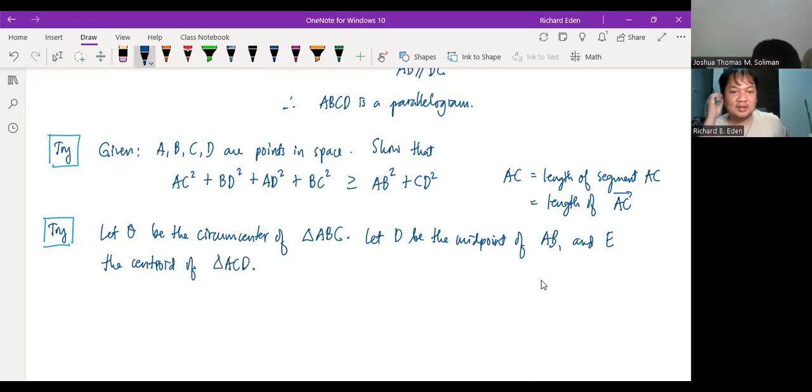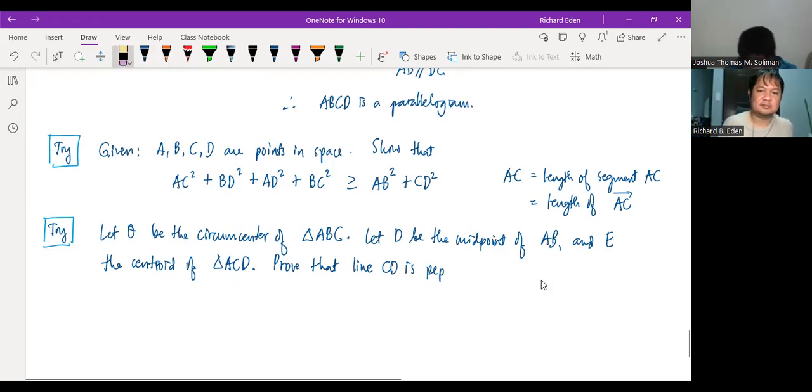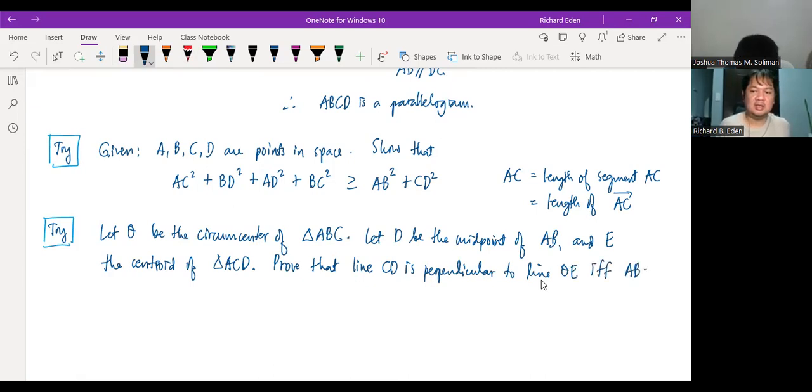Recall that we already have a nice formula in terms of vectors for the centroid of a triangle. Prove that line CD is perpendicular to line OE if and only if AB equals AC. And recall that we have a nice way of characterizing perpendicularity in terms of the dot product.